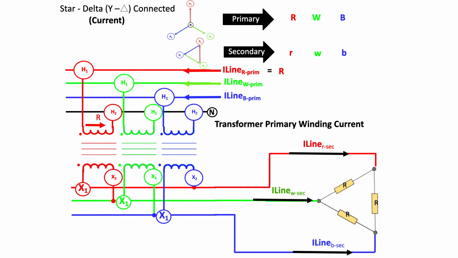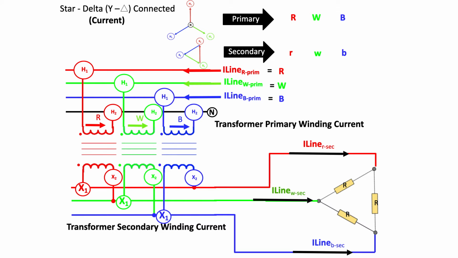Similarly, the current flowing in the winding of the primary white transformer is going to flow into the spot on that transformer from the I line W prime, and the same thing, it's going to be equal to the line current, and similarly the blue phase is going to be designated B, and it's going to be equal to the line current on the blue phase line coming in. That is because we have a Y connected primary.